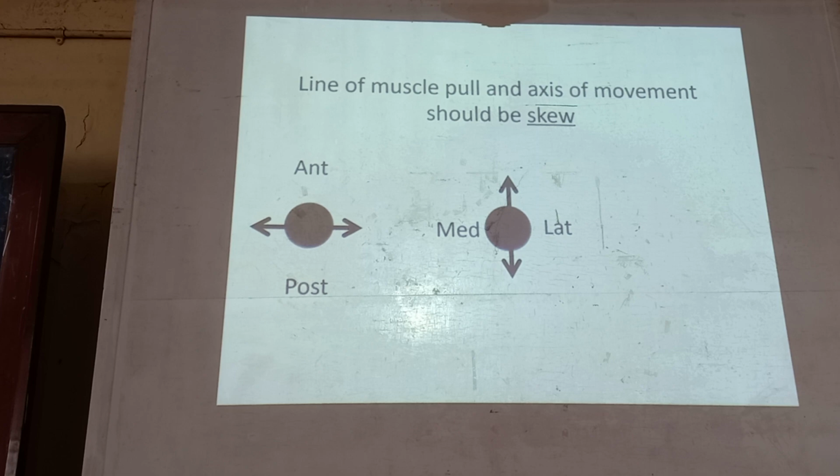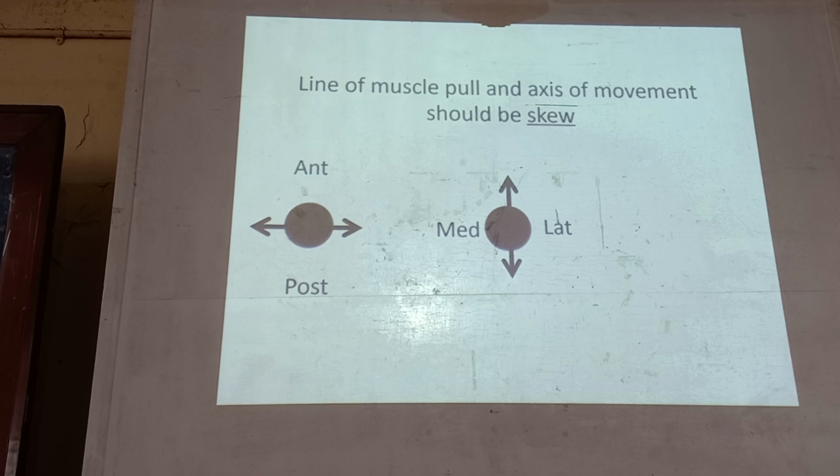Whereas subscapularis, teres minor and infraspinatus: subscapularis lies in front of the humerus, infraspinatus and teres minor lie behind the humerus, but they intersect the anteroposterior axis, and therefore they are neither abductors nor adductors because they are intersecting the axis. Any muscle which intersects the axis cannot bring about movement around that axis. They have to be either superolateral or inframedial, not intersecting the axis.